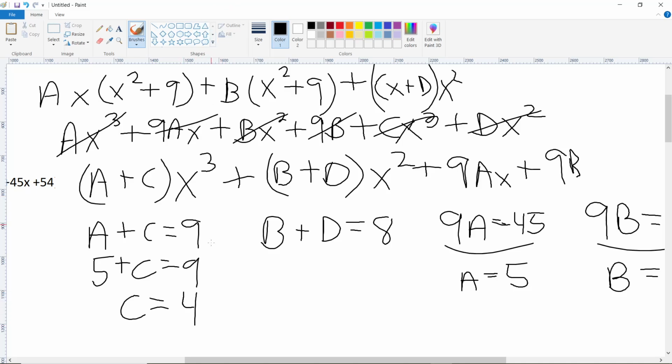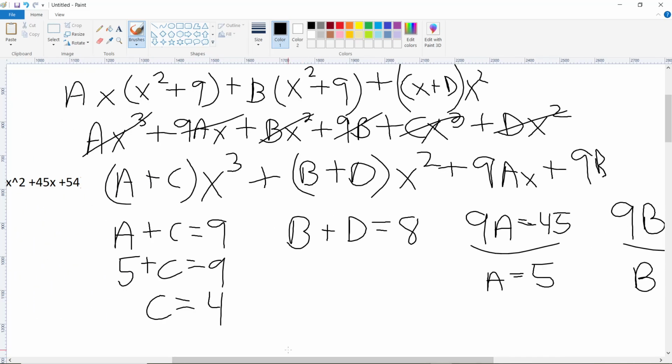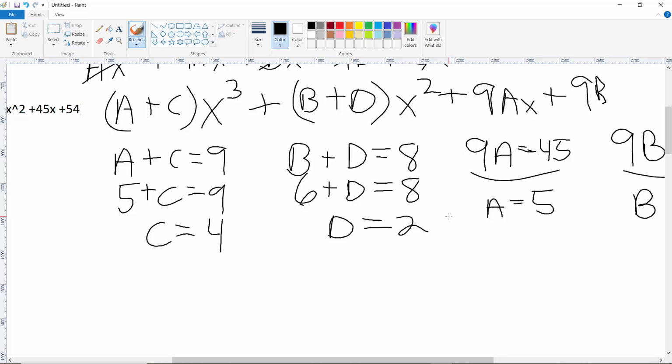B plus D equals 8. But I know what B is. B is 6, so 6 plus D equals 8. D equals 2.